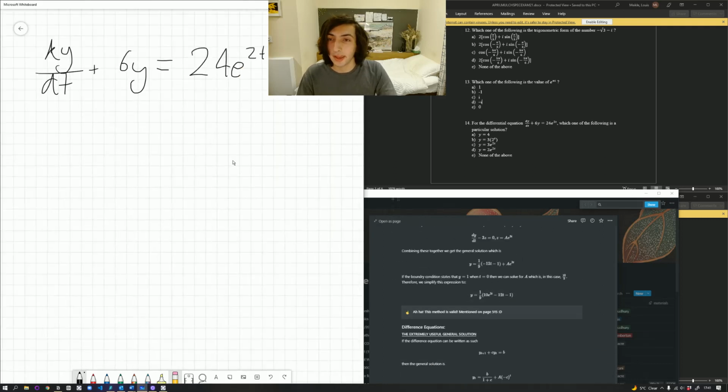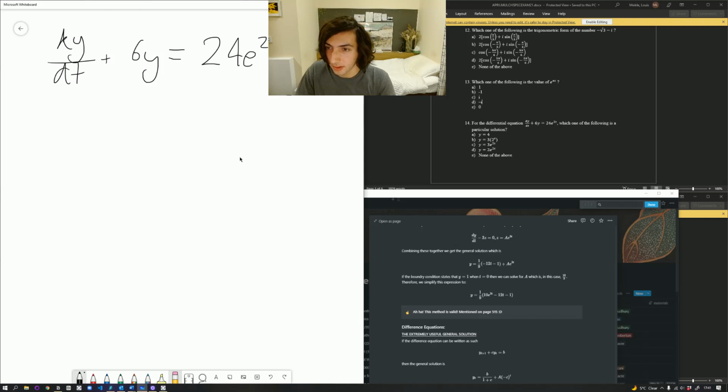Yep, page 515 shows this method quite well. So what we're going to do is take the coefficient of y here and integrate it with respect to t, so we get 6t. Therefore, we get a value e^6t, and we're going to multiply that by the entire thing.